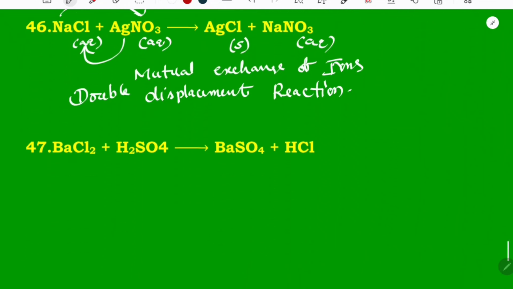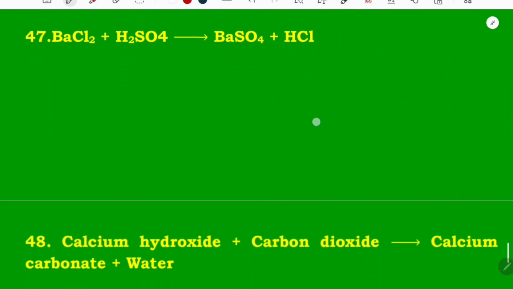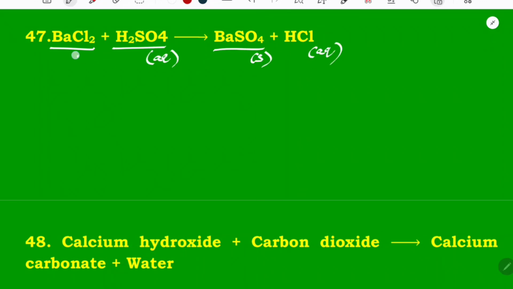Next. Next one. Here, barium chloride, sulfuric acid, barium sulfate. This is solid. This is aqueous. This is also aqueous. So here is the equation balanced or not? The equation is not balanced here. Here 2H. So now it is balanced.